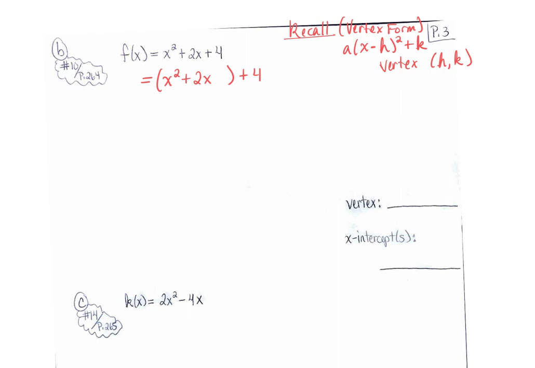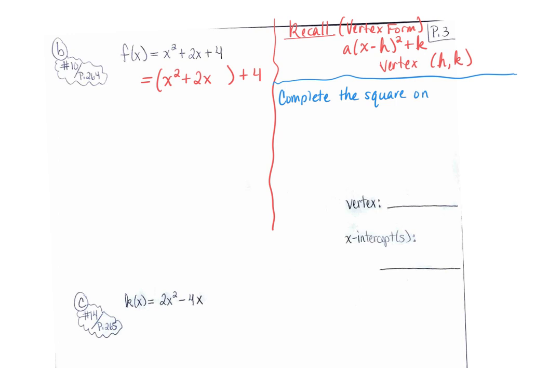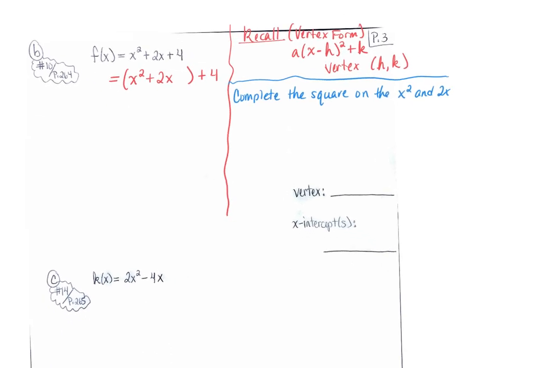So now I'm going to use blue for an aside telling you what we're going to do in our next step. We're going to complete the square on the x squared and 2x terms. Now what does that mean?